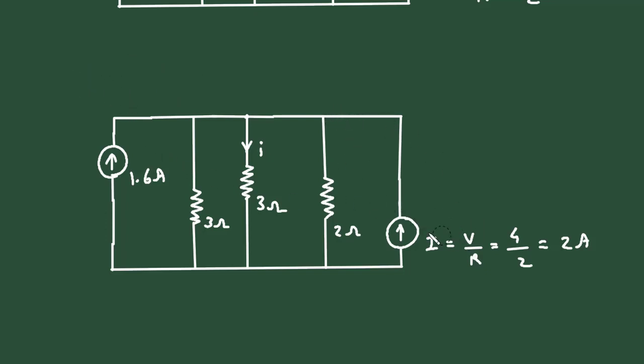We can erase this current source and add it here. So it will be 1.6 plus 2, which is 3.6 ampere. And we can erase this current source now.